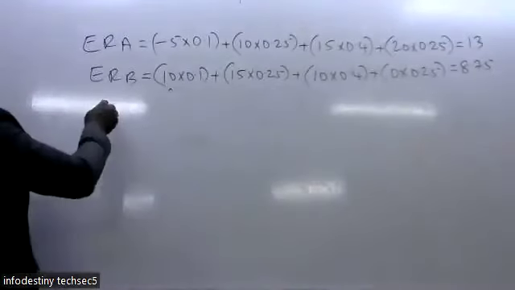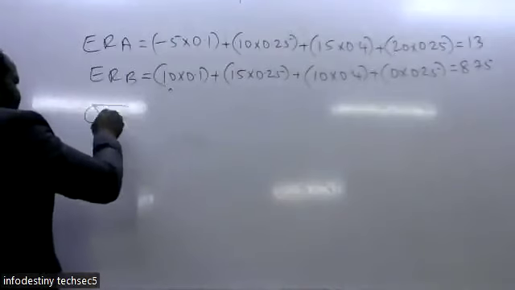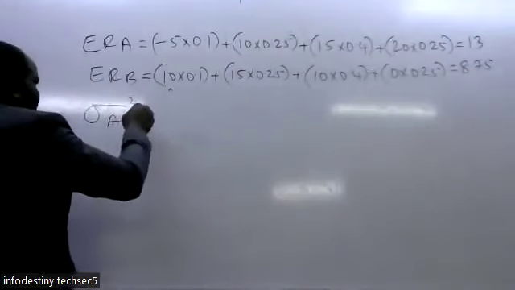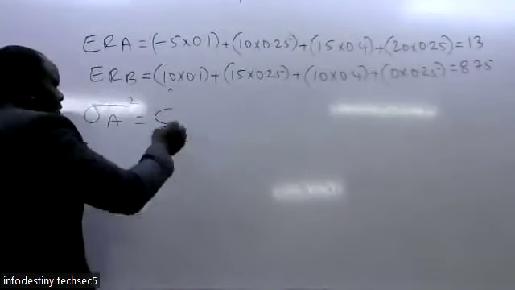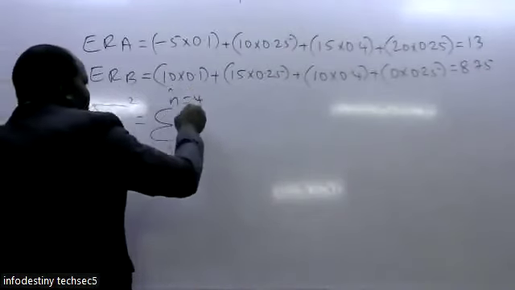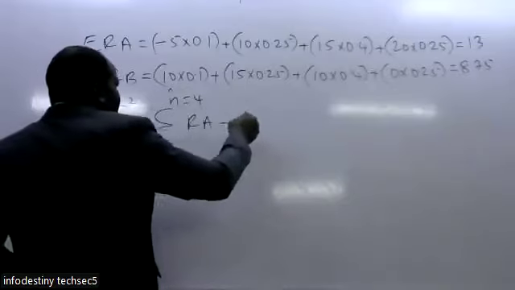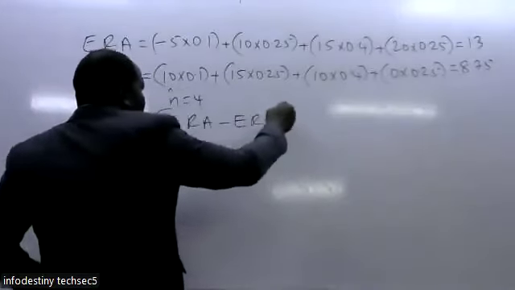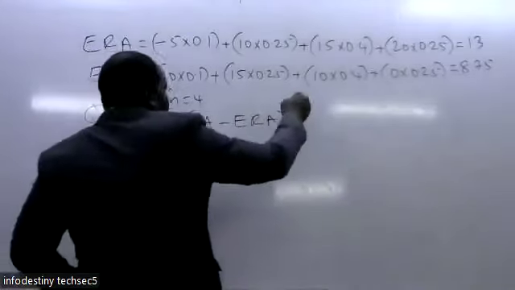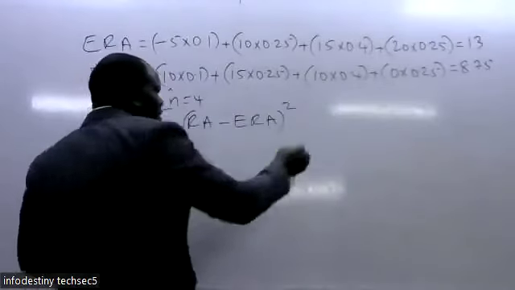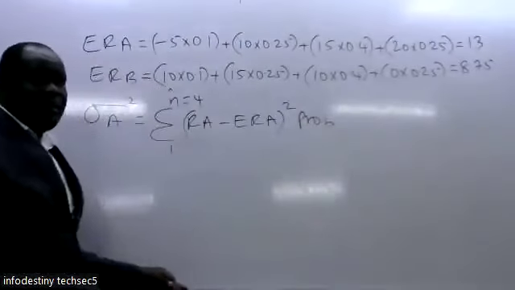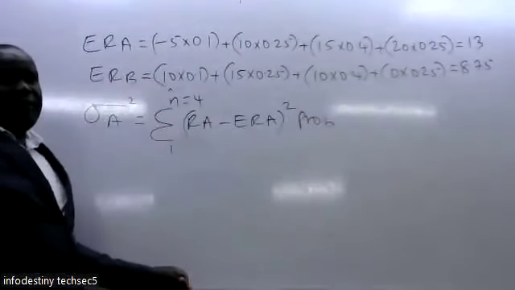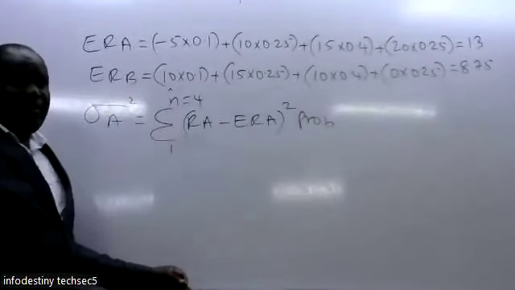So variance for A, you get the summation from the first to the last. So you get the return for A minus expected return for A. The difference you square, multiplied by the probability.